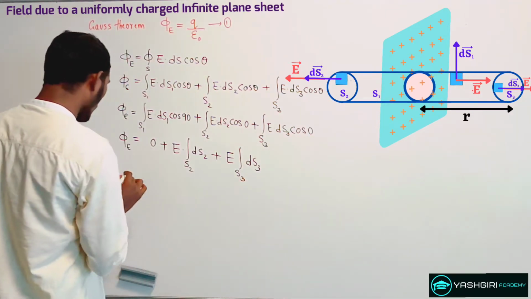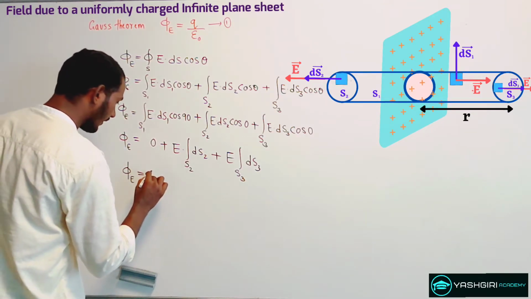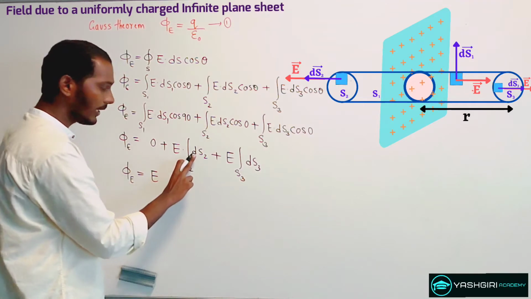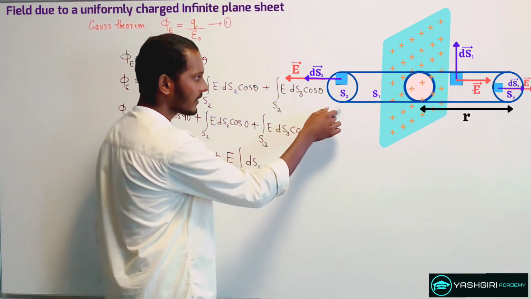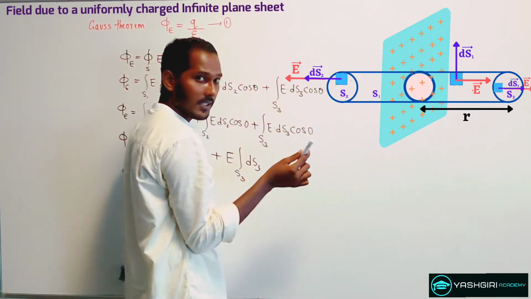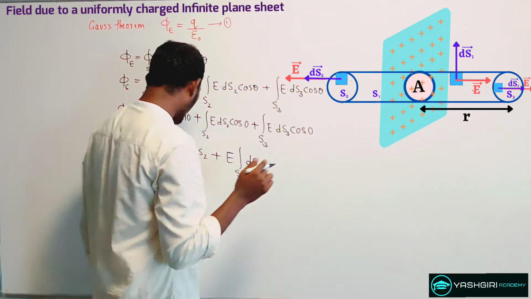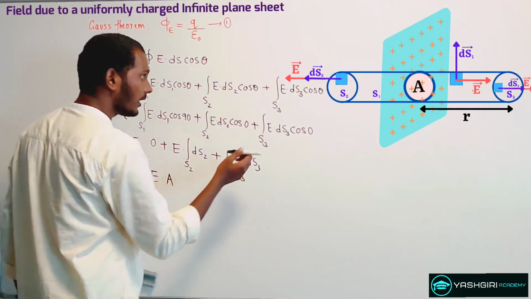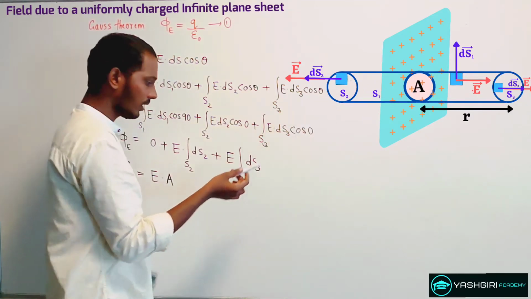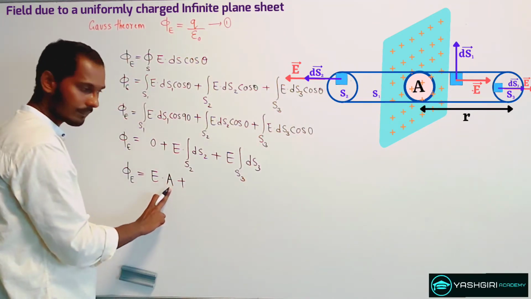So the phi, what I'll be getting here, is electric field E into the surface integral of this particular surface area. This is my S2, and I consider the cross-sectional area of this Gaussian surface to be A. Let me write that A is the cross-sectional area of this Gaussian surface. So I'll be getting this as my A.